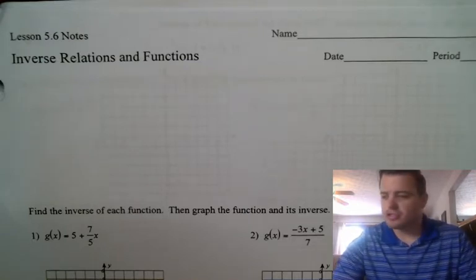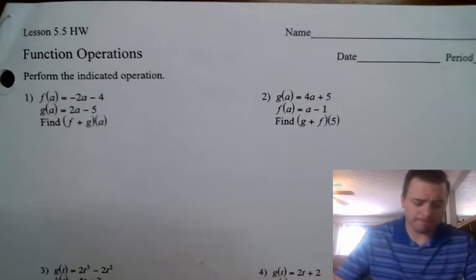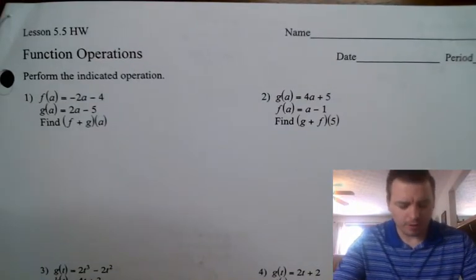Before we get to 5.6 notes, any questions over 5.5 homework? If you have a question, type it into the chat box now.